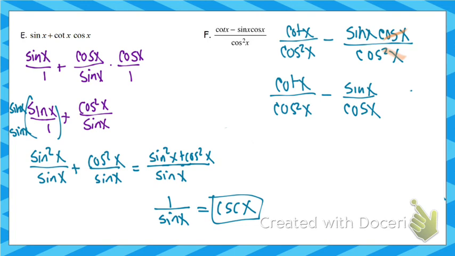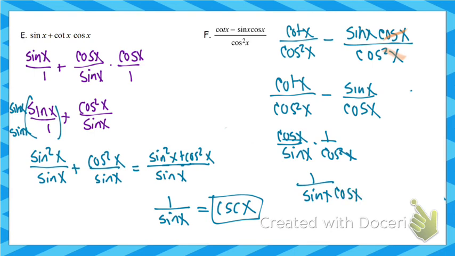I can rewrite cotangent as cosine x over sine x times 1 over cosine squared, and I can get one of those cosines to cancel out. So this is what I'm left with on the left fraction. This is what I'm left with on the right fraction. Now I can try and get a common denominator, and I'm a step ahead of myself there. I can multiply the right fraction by sine.